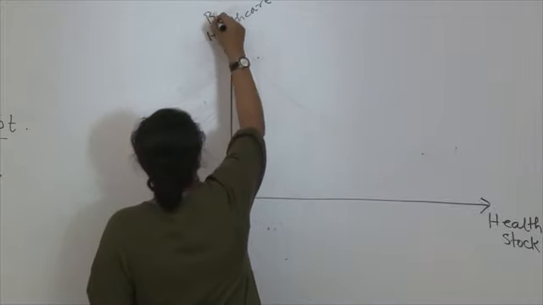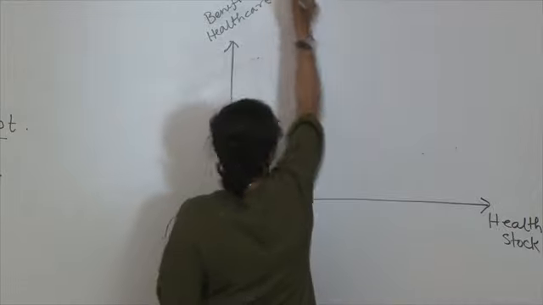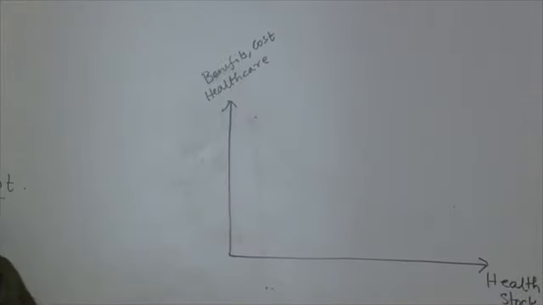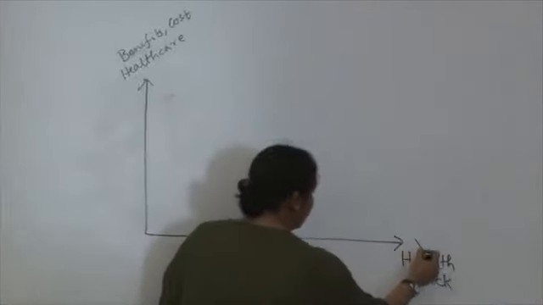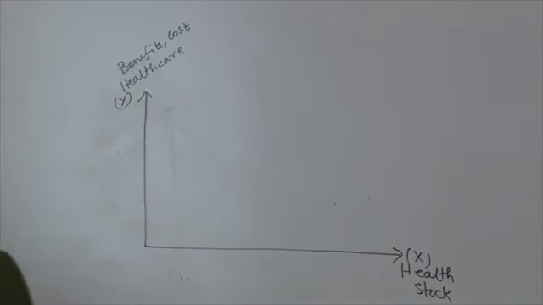So for healthcare, we are measuring both benefits and cost on the y-axis, and we are just measuring the stock on the x-axis. So we are measuring the output on the x-axis, and we are measuring the benefits and costs of healthcare on the y-axis.